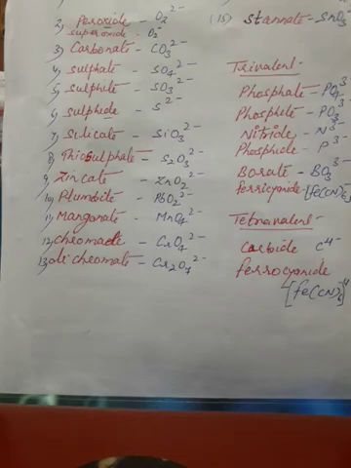Dichromate you will study in 9th standard, Cr2O7, ammonium dichromate. Valency of dichromate is 2 minus. Okay, so now try to learn those electronegative radicals which you have to use in 9th standard especially, but you should know all. If you can learn, it's very well and good, but especially those which you are going to use in 9th standard, that you especially learn. Like oxalate and stannate you may not use in 9th standard.